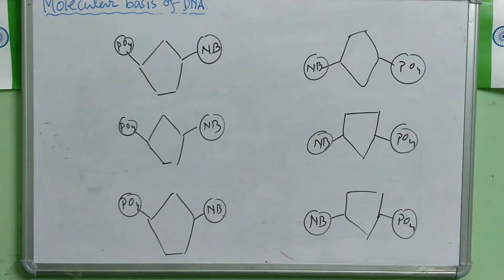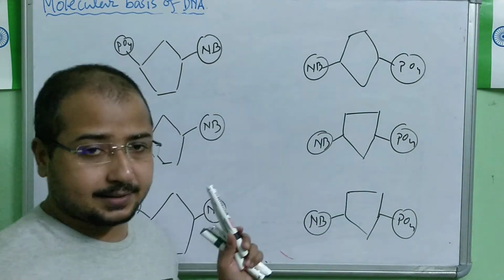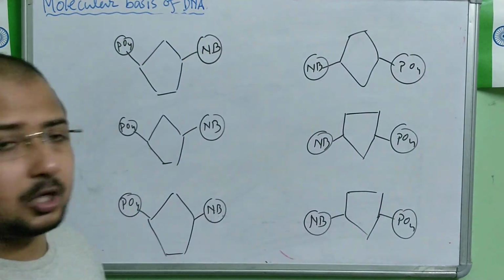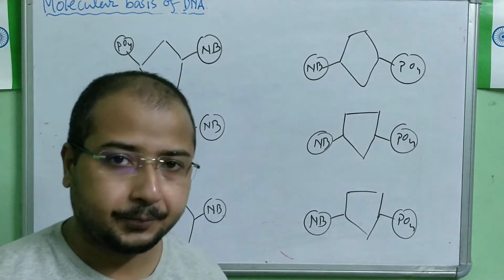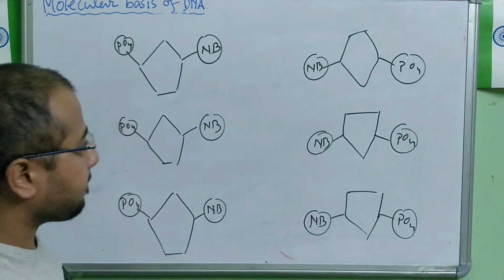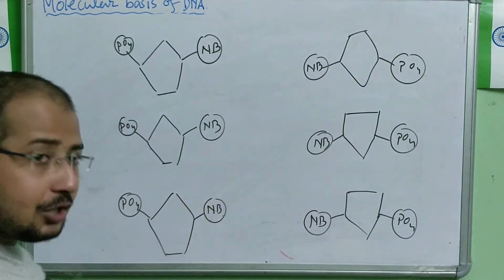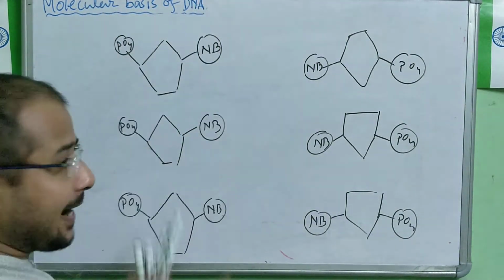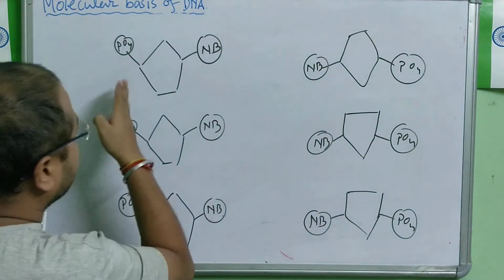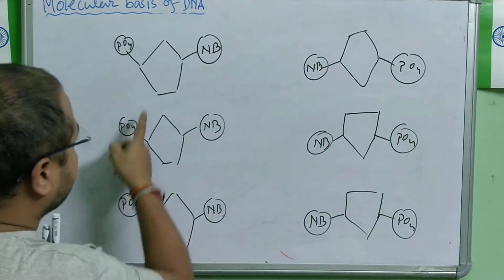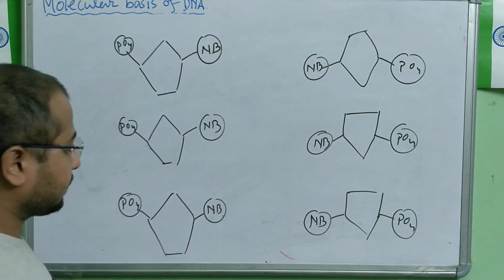Clear? Now these are two strands. See, at this side 3 nucleotide molecules, at this side 3 nucleotide molecules. Now see here, these molecules need to bind with each other, then only the strand chain will form. The chain is not yet developed.